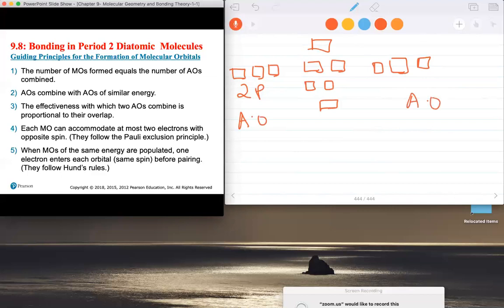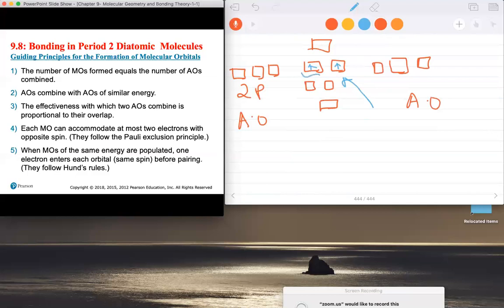What is meant by singly right here? When molecular orbitals of the same energy are populated, 1 electron enters each orbital, same spin, before you pair them up. So if I'm putting electrons here, I'll just say 1 there and then 1 there, before you go back and pair them up. This was Hund's rule.